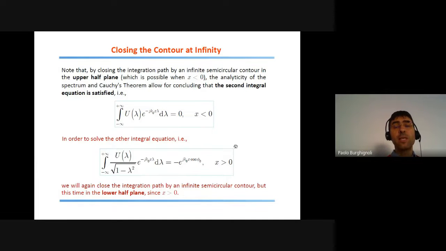So this means that the function we are integrating cannot be analytic in the lower half plane, otherwise the result would be identically 0. Rather, it should have a singularity, for example, a pole, such that the residue evaluated at that pole will reproduce the right-hand side of this integral equation.